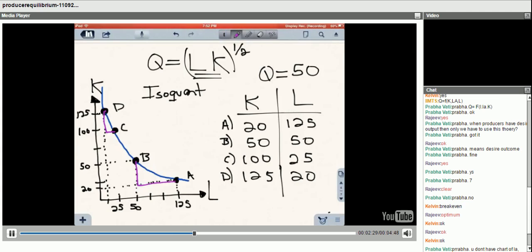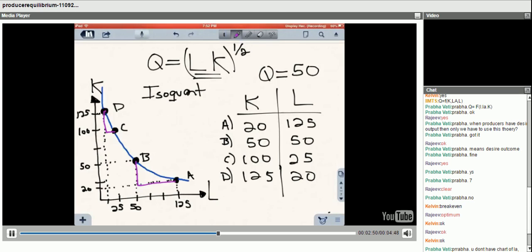So the fact that this isoquant has a smaller slope in absolute terms as the number of units of labor increases reflects the fact that labor has diminishing marginal returns, and the same for capital.